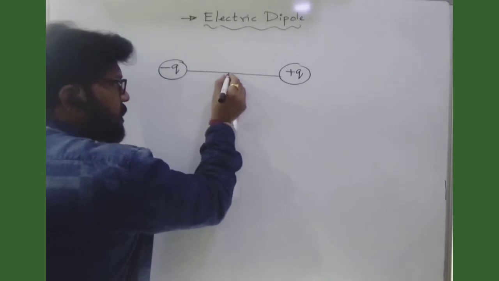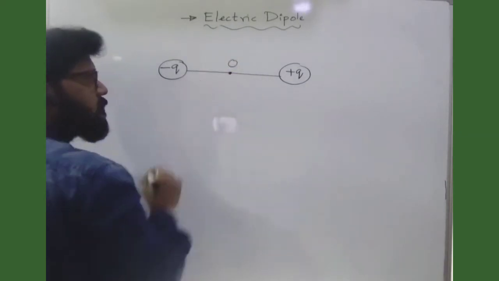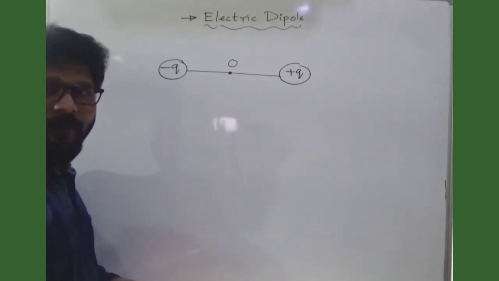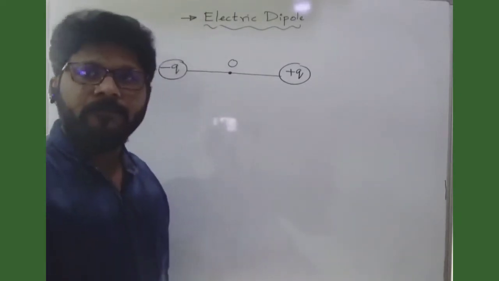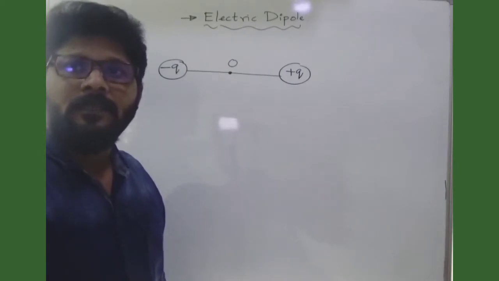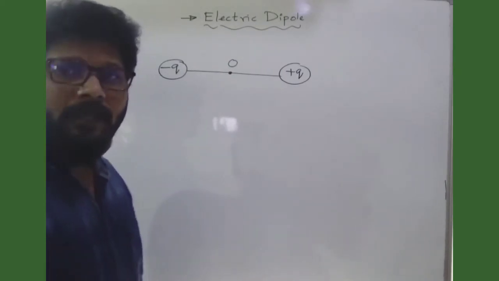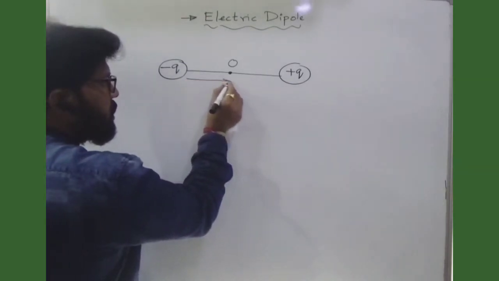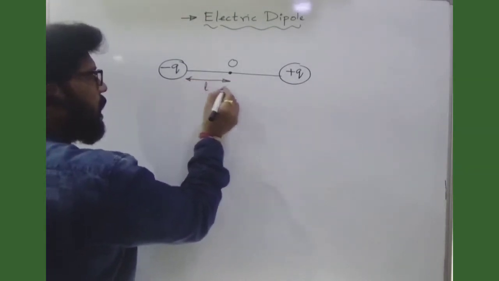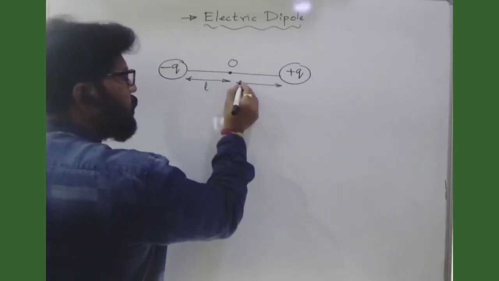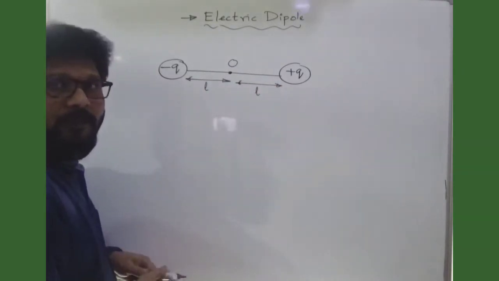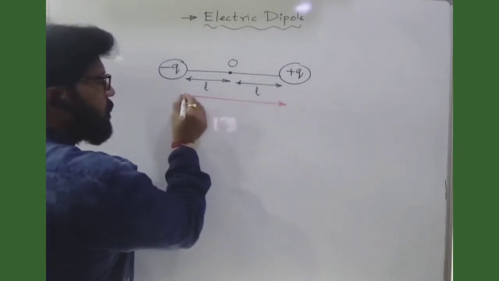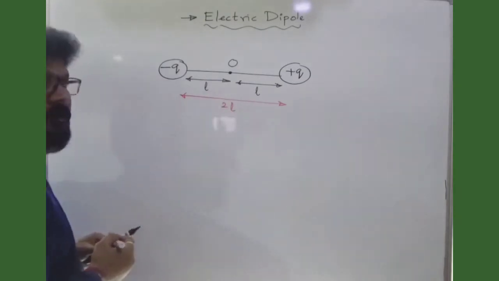If I take exactly its center, let me call it O. The length from the first charge to the center is L, and the second charge is again at L. The total length will be 2L, right?